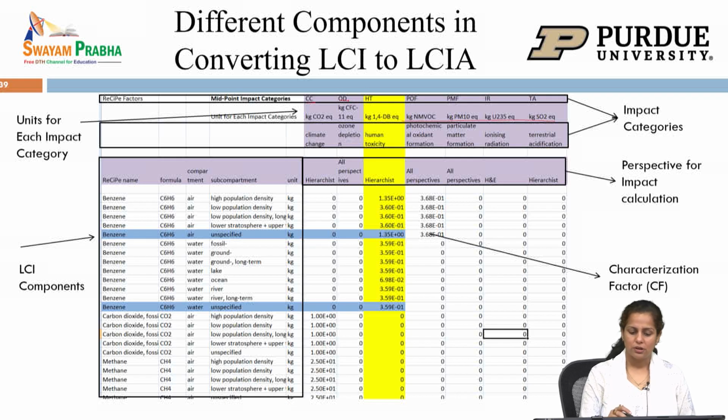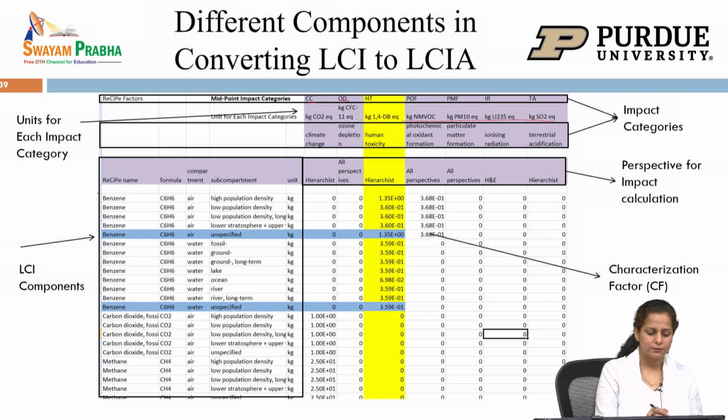For each of those impacts, you have these characterization factors that tell you that if I have these components, then what is the characterization factor. One thing I want to highlight is that you have benzene and you have different characterization factors for benzene, and the reason is that there is a term called compartment and a term called subcompartment.